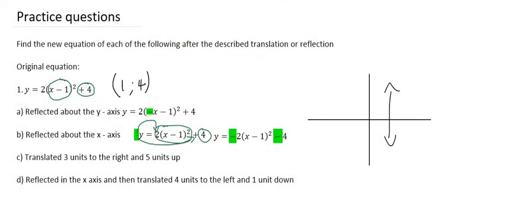Well, that's going to cause the x value of the turning point to add 3, so it's going to be 1 plus 3, which is 4, and then the y value, which is currently 4, is going to add 5 because we're going 5 units up, and so the new turning point is going to be 4 and 9.